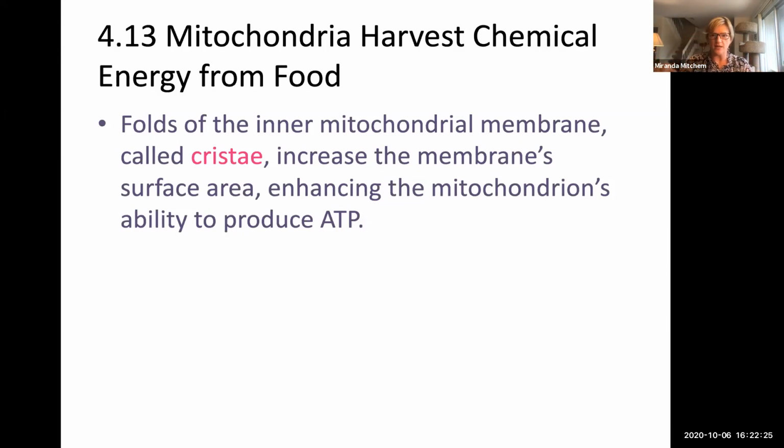Because that membrane isn't just a nice smooth circle, it's a wiggly membrane, which means there's more of it, which means that whatever cellular machinery is present in that membrane, if we have more of that membrane, we have more of that cellular machinery, which means the mitochondria can do its job better because it has more equipment to do it.